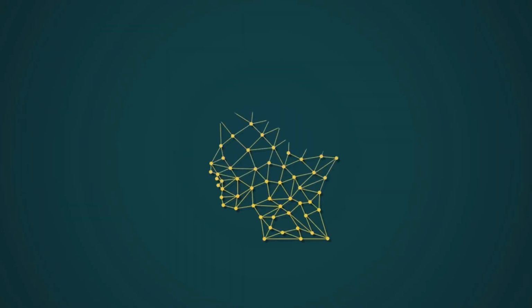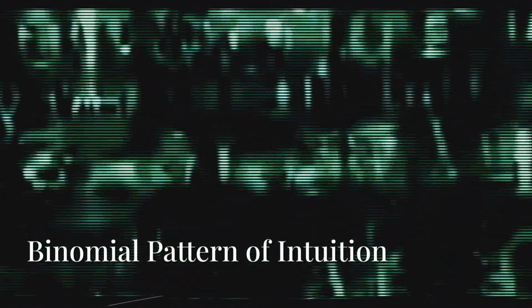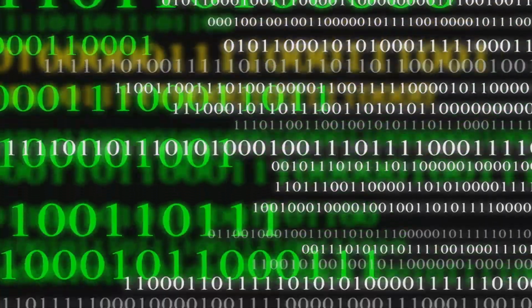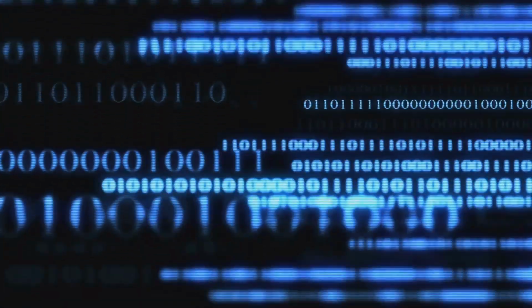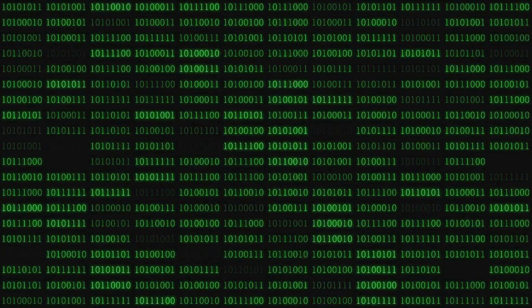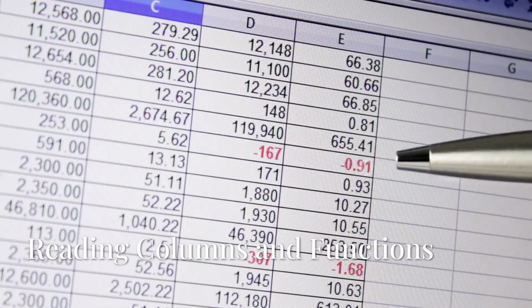In consideration, let's say that the binomial pattern of intuition can be resumed as 111-101-111-000-101-000-101-101-111. A over B equals A over negative A command.